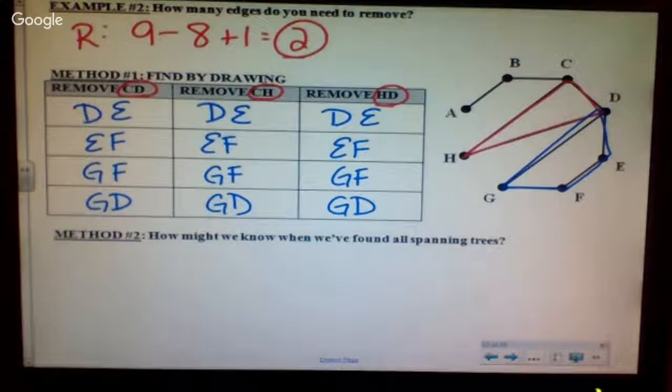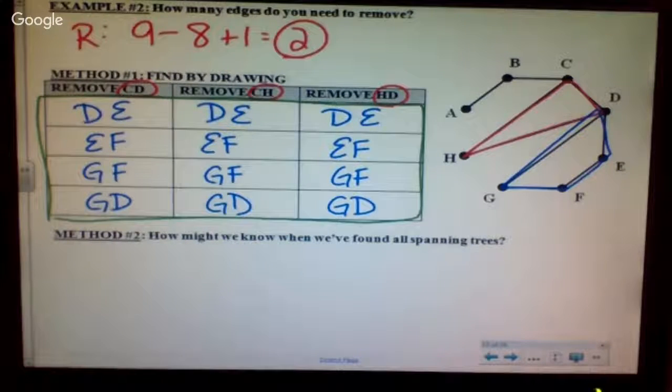So this is one way to get all of the options that you have. This entire chart is your options. So there are a total of 12 spanning trees in this picture.